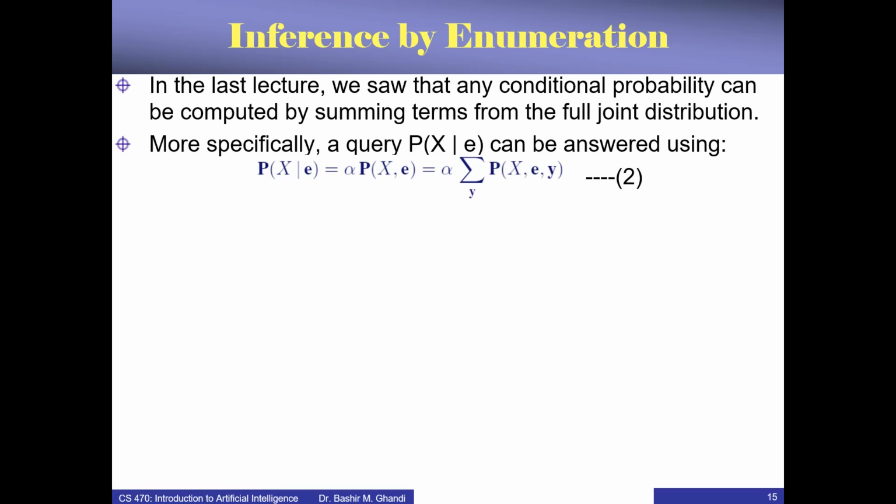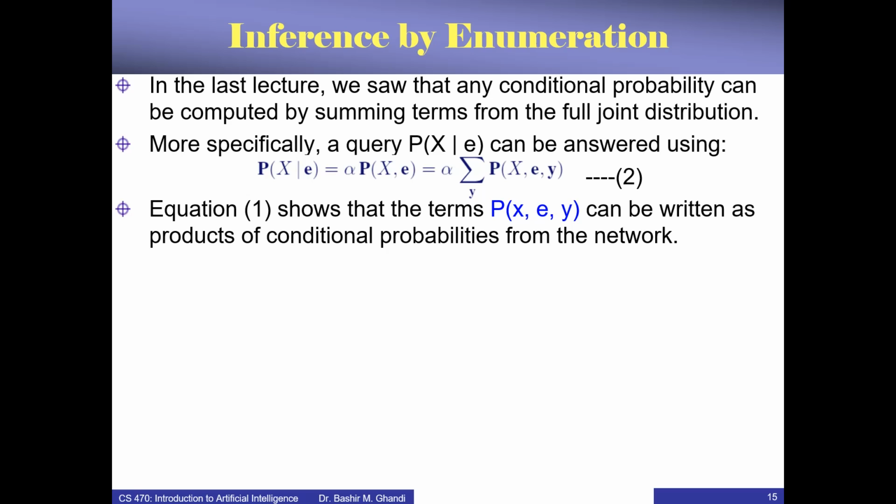Let's call this equation 2 and try to see how we apply this general notion that we learned from the last lecture. How does it apply to our Bayesian network? Equation 1 here means the semantics of Bayesian network, which we saw earlier.